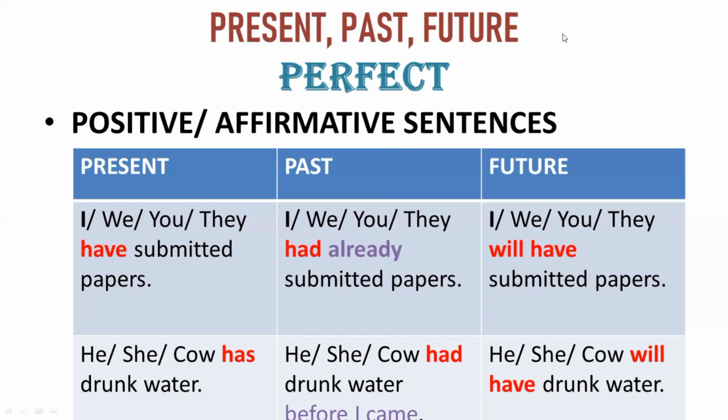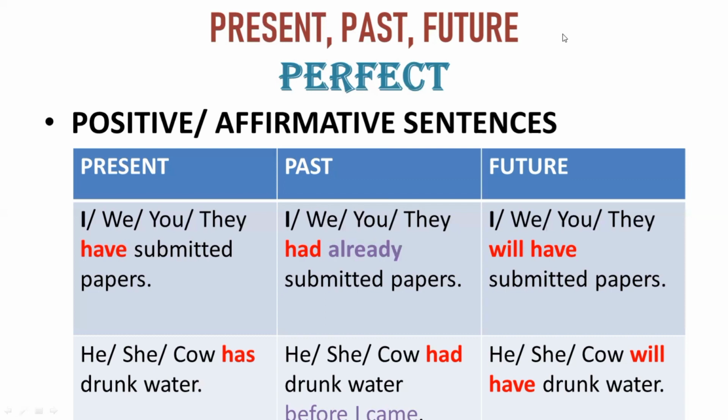So the sentence becomes, I had already submitted papers. Second sentence becomes, he had drunk water before I came. So before I came, it is another action that also occurred in the past.